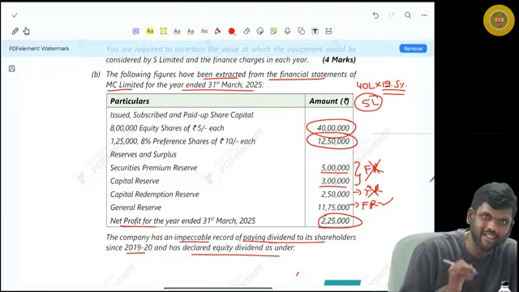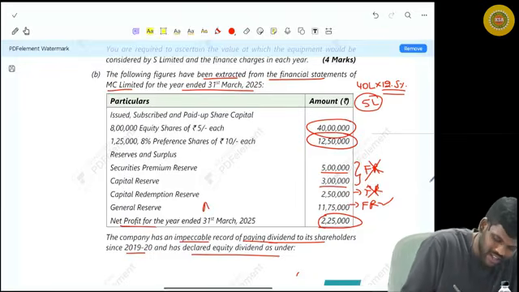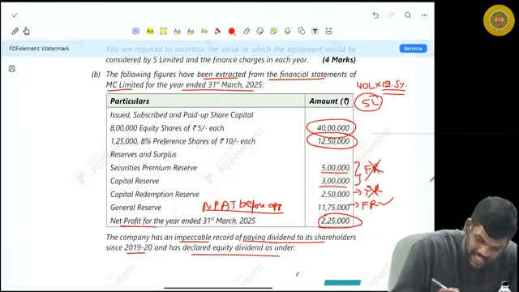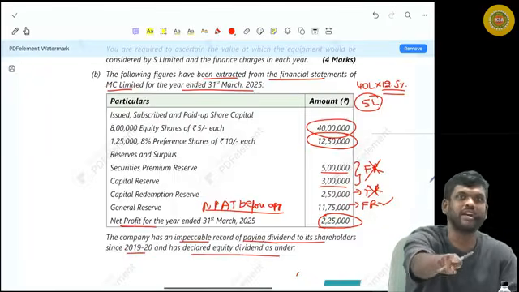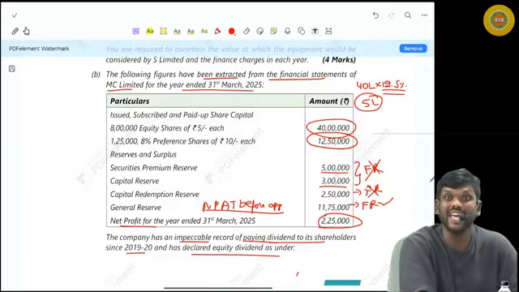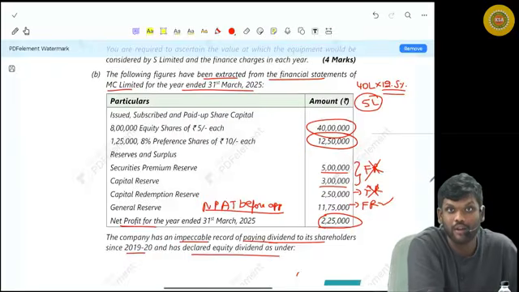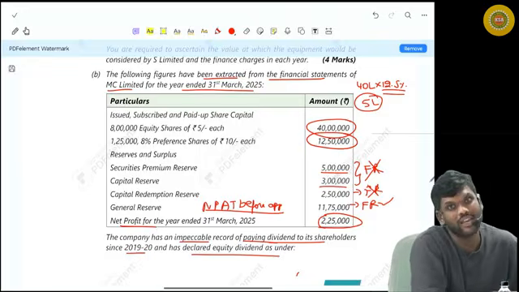When they give net profit for the year plainly, this is net profit after tax before appropriations. That means this 2,25,000 is before subtracting preference dividend and before subtracting equity dividend. You have to be careful.